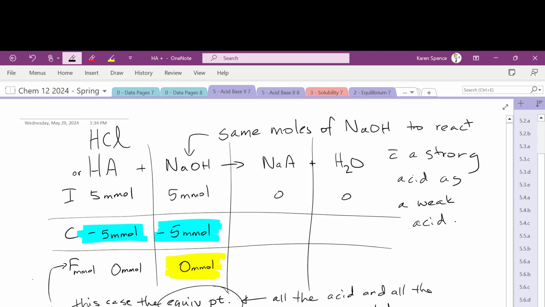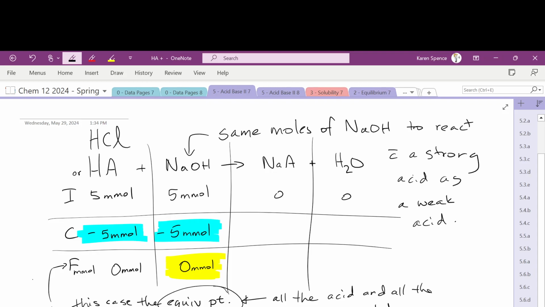So if we have the same moles, what's the volume of NaOH needed to get to the equivalence point? If originally it was 50 milliliters with the HA, what volume do we need with the HCl? 50 milliliters. It does not change because the same volume contains the same number of moles.